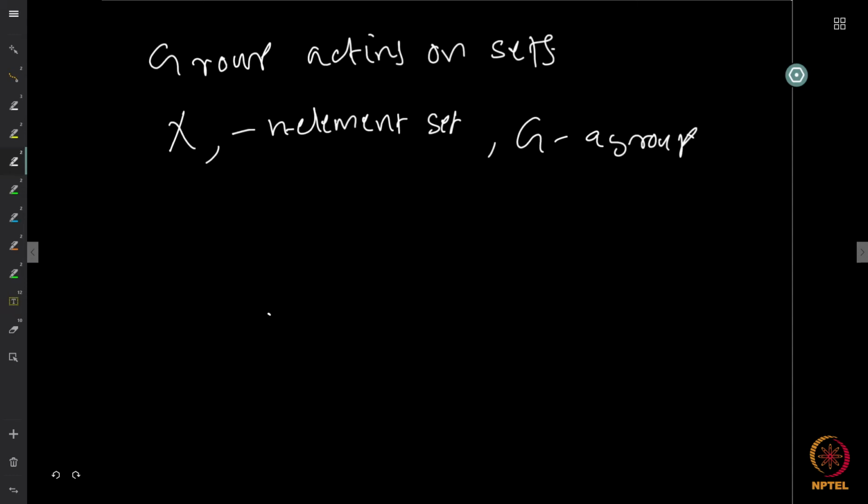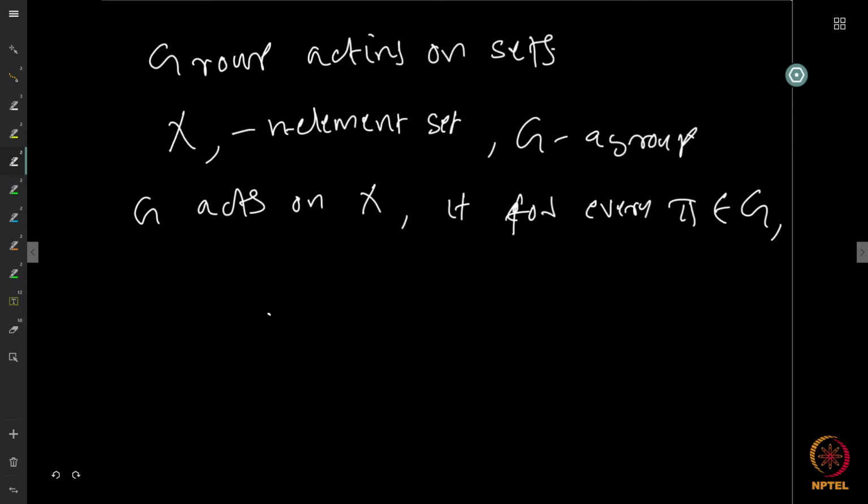Now we say that the group G acts on the set X if for every element of the group G, we can associate a permutation.